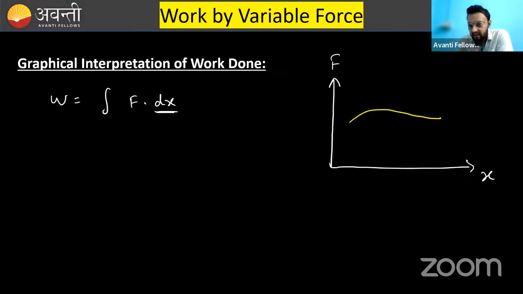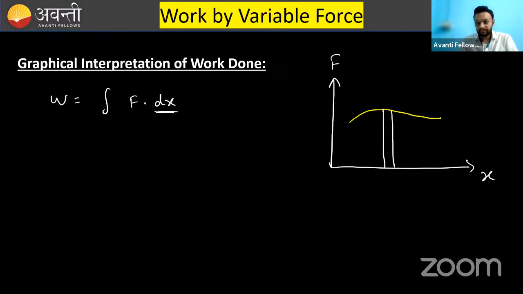If I take a very small displacement dx on this x-axis, then during this small displacement, the variation in the force may be considered uniform, because the displacement is very small.